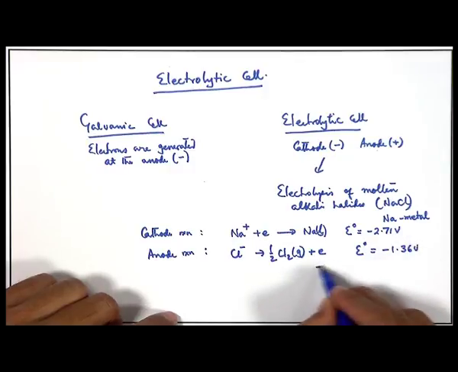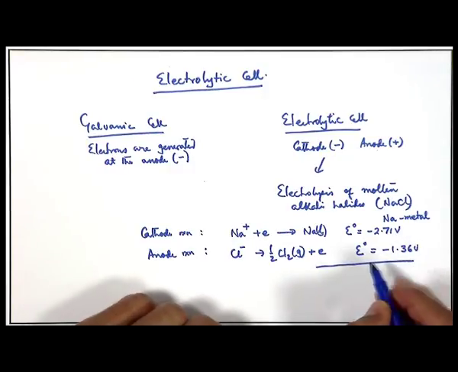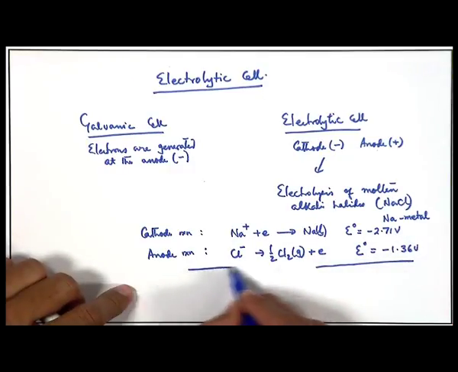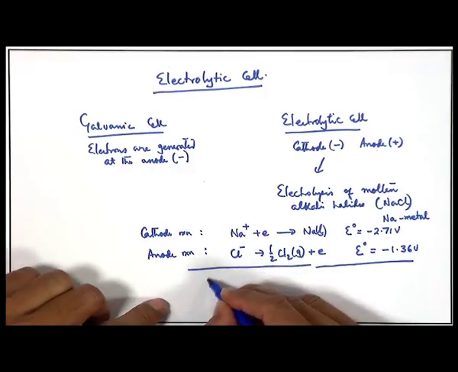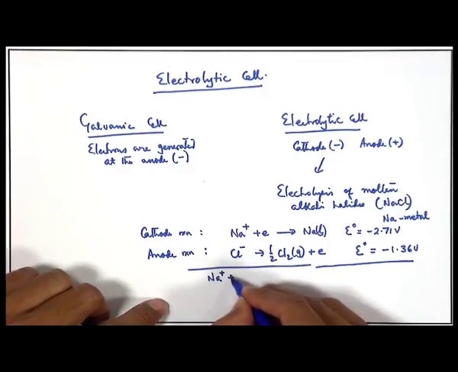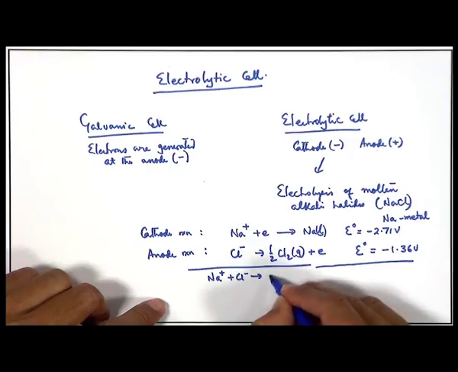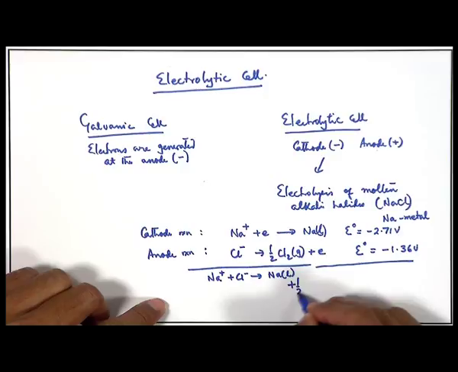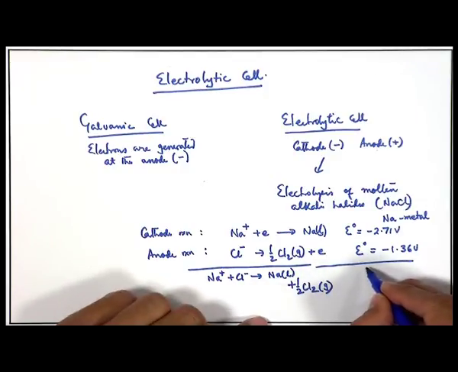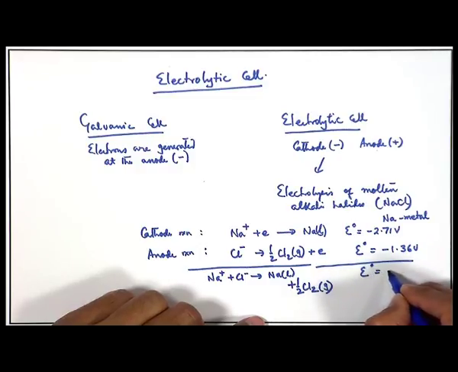The net reaction is Na plus plus Cl minus giving Na0 in liquid form plus half Cl2 in gas form. So the net E0 for this process is minus 4.1 volt.